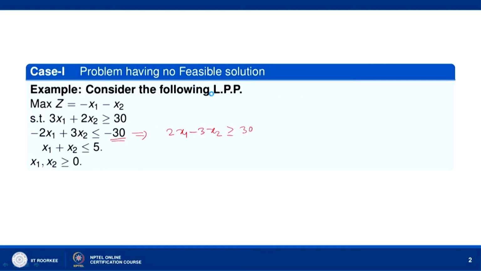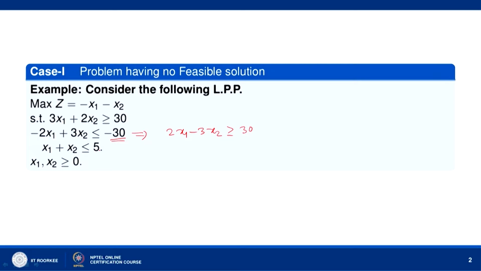Here we have 3 x 1 plus 2 x 2 greater than or equal to 30, so we subtract a surplus variable. Here this is 2 x 1 minus 3 x 2 greater than or equal to 30, here also we subtract a surplus variable, and here we have x 1 plus x 2 less than or equal to 5.